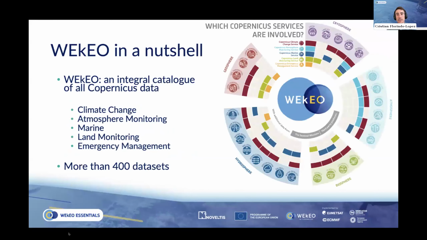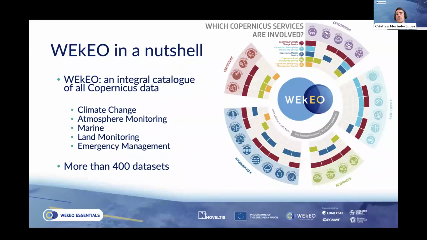So WEkEO in a nutshell: as my colleagues were explaining, WEkEO tries to contain all of the data from Copernicus in one single platform, to have it at your fingertips. You will find data from the different services, whether it's the Copernicus Climate Change Service, Copernicus Atmosphere Monitoring Service, Copernicus Marine Service, Copernicus Land Monitoring Service, or the Emergency Management Service.